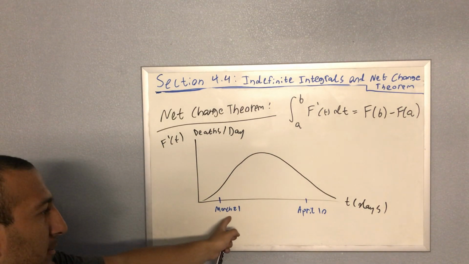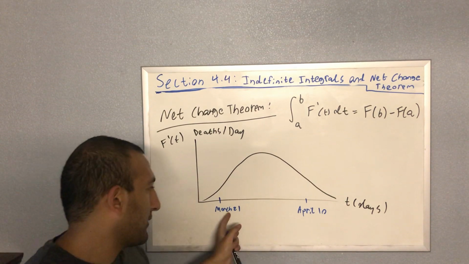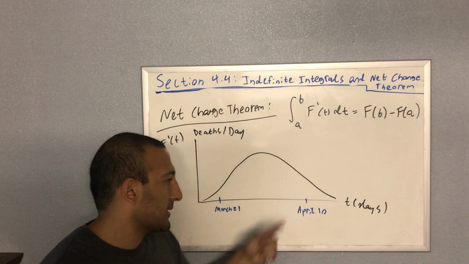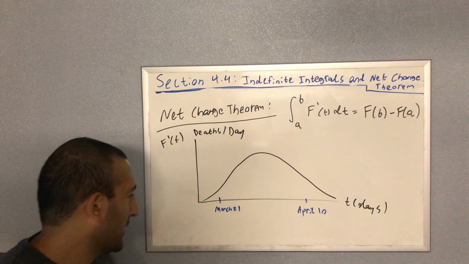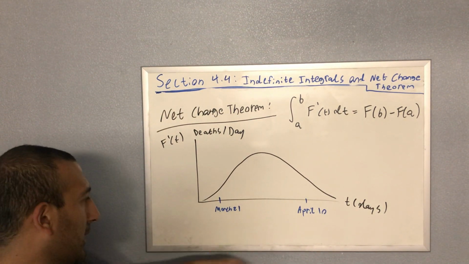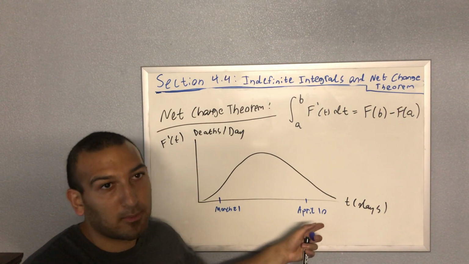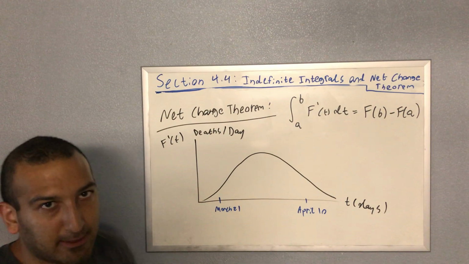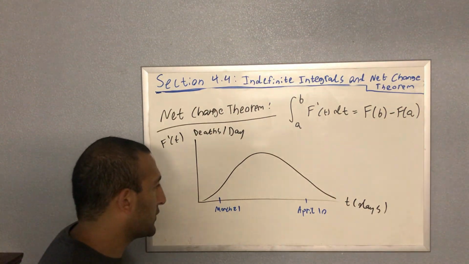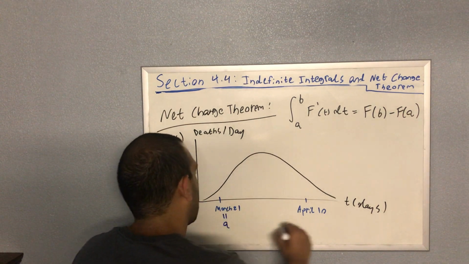So this would in a sense be 21. And then however many more days from here to here, that would be the number for this one. So I think March is 31 days, so 10 plus 10, so 20 days more. So if this is 21, then this would be like 41, do you get what I'm saying? So this is kind of like A, and this is like B.